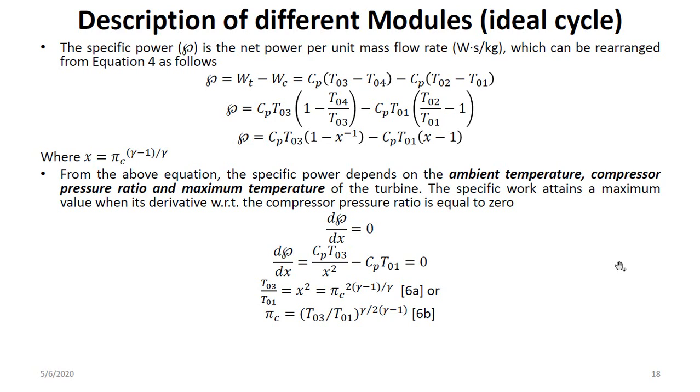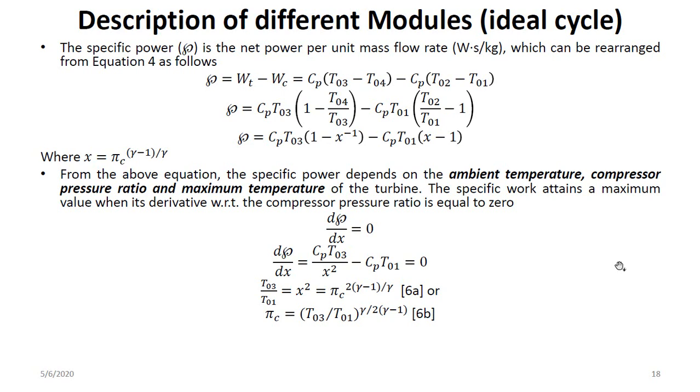Rearranging equation 4, so you divide by 3 on your extreme left, and you divide by T1 here, then x2 T02 over T01, which will be the ratio of the compressor pressure ratio, and if you substitute that with the x, then you can get the specific power in terms of x.